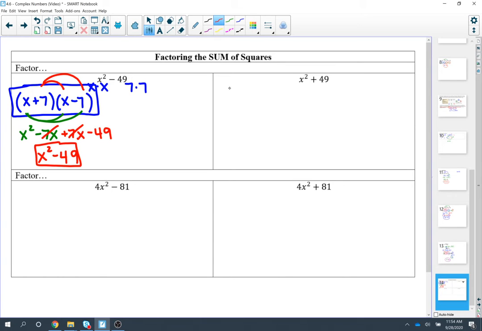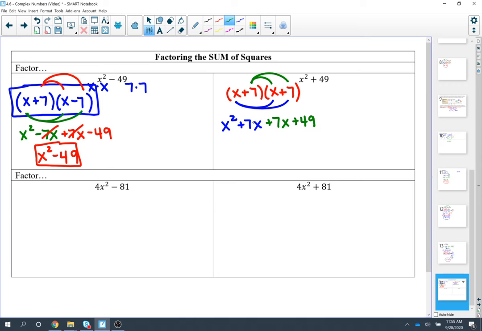Some of you then tell me, okay, well, it factors into x plus 7 times x plus 7. That might be true. Let's try it. X times x is x squared. X times 7 is 7x. Then I'm going to distribute 7 times x is 7x again. And 7 times 7 is 49.